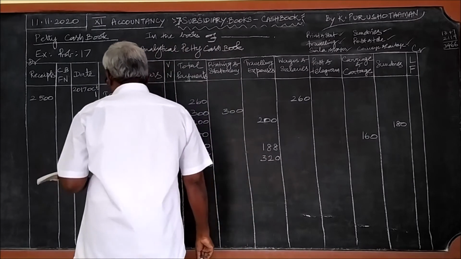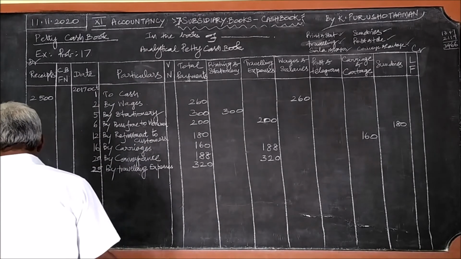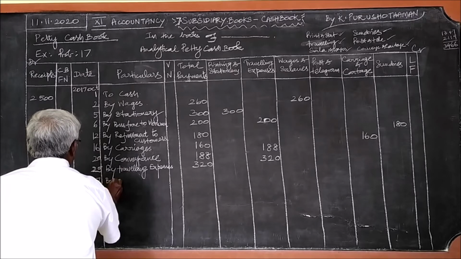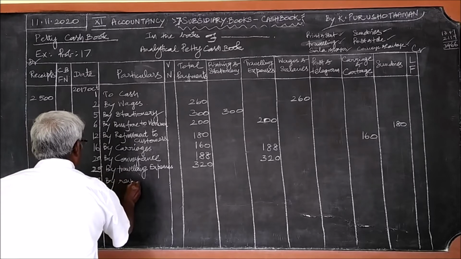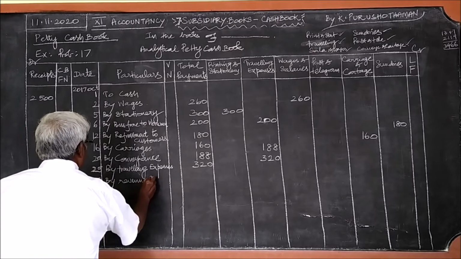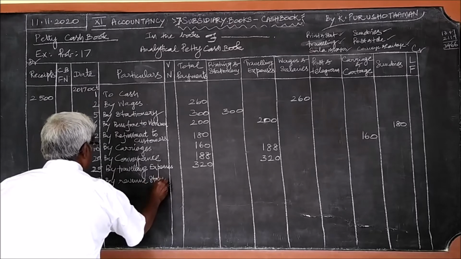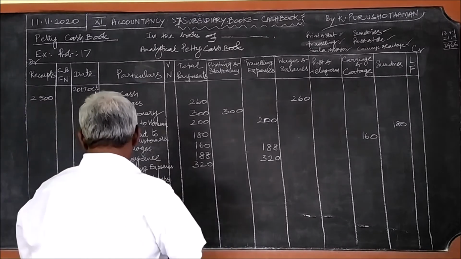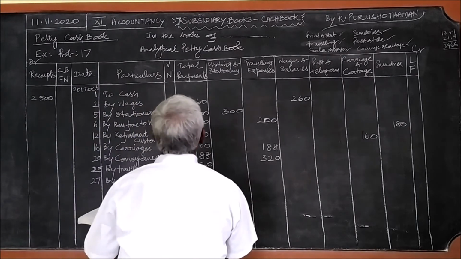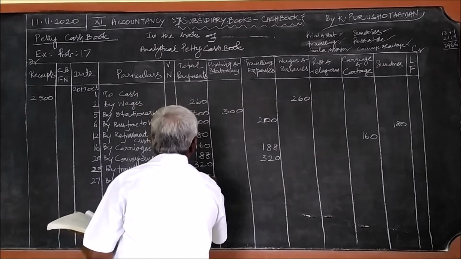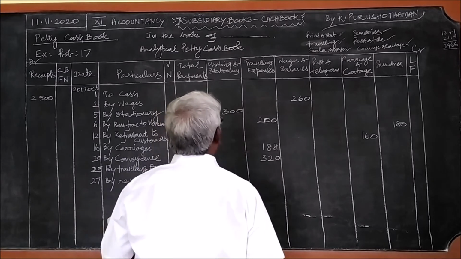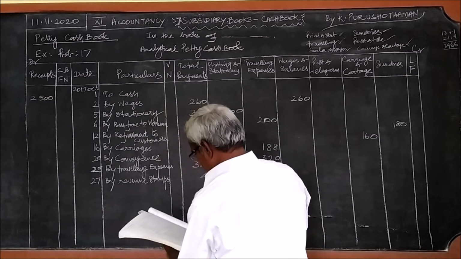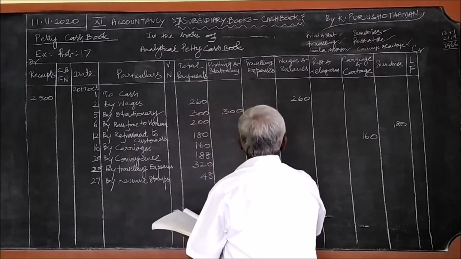Paid for revenue stamps. This is on 27th. By revenue stamps 48. Total 48. Here postage and telegraph 48 rupees.